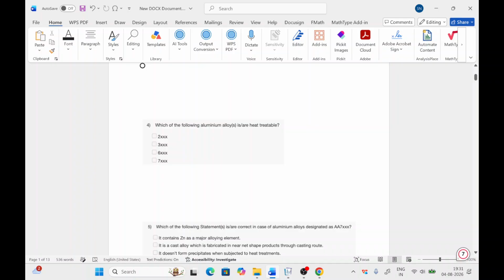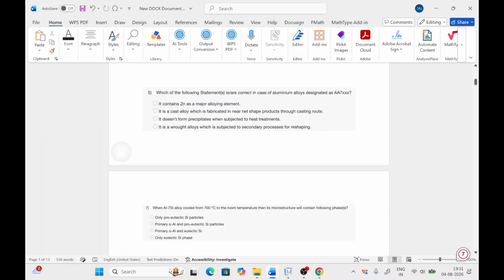Heat treatable means we can increase strength by doing some heat treatment. So 2000 forms precipitate, 6000 forms precipitate, 7000 forms precipitate, so it is aluminum zinc, aluminum magnesium silicon, and aluminum copper. So all three alloy systems are heat treatable.